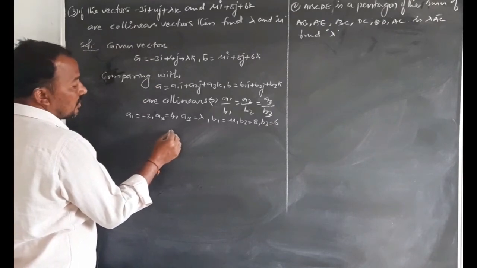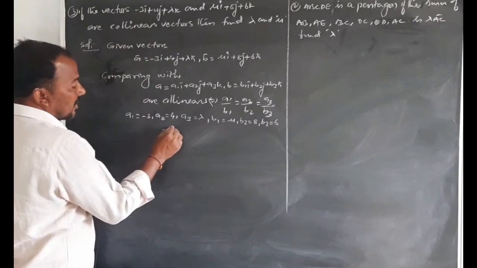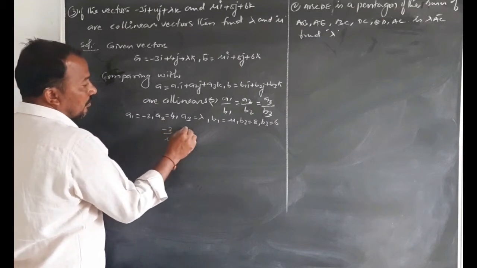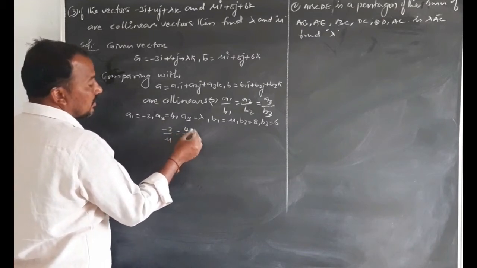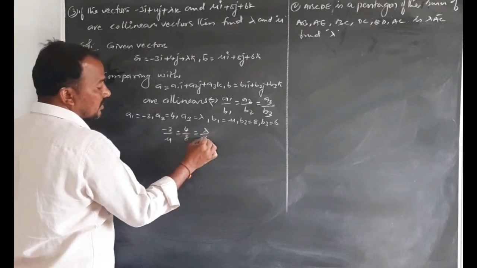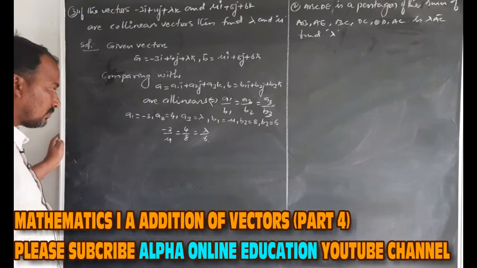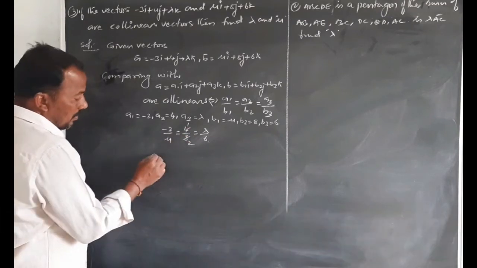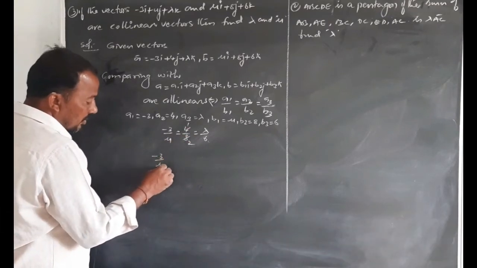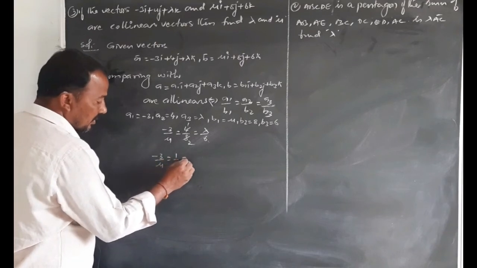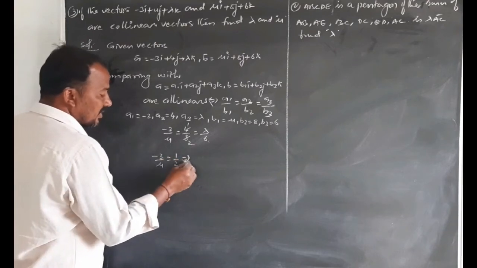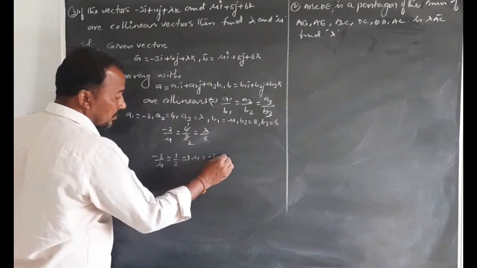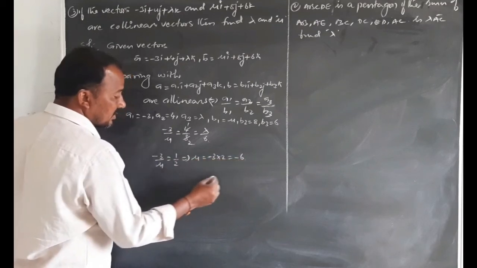Substitute the values. A1 is minus 3 by mu, A2 is 4 by 8, A3 is lambda by 6. 4 ones are 4, 4 twos are 8. Minus 3 by mu equals 1 by 2. Cross multiplication: mu into 1, mu equals minus 3 into 2, that equals minus 6.